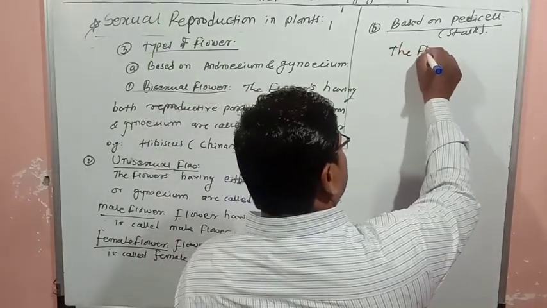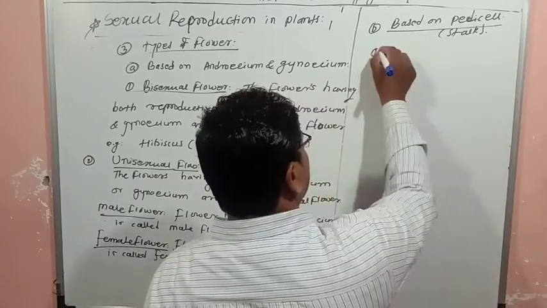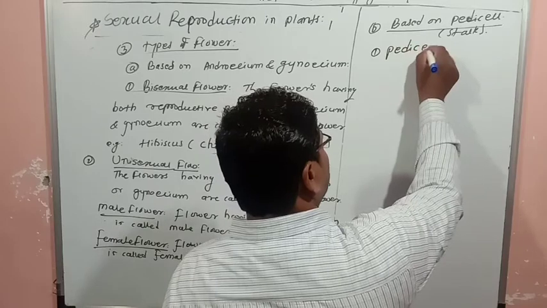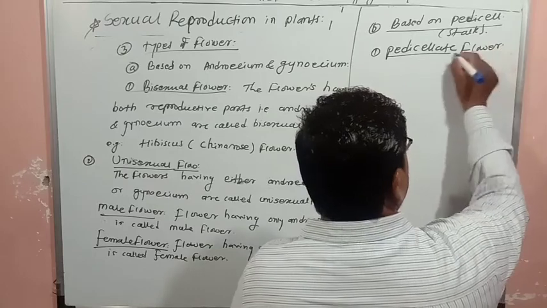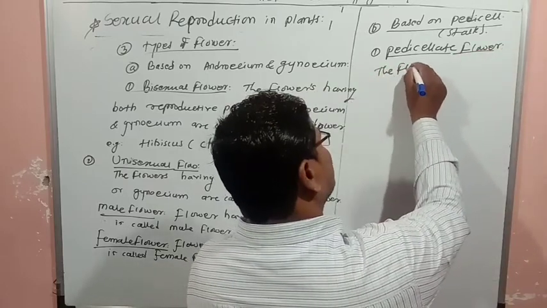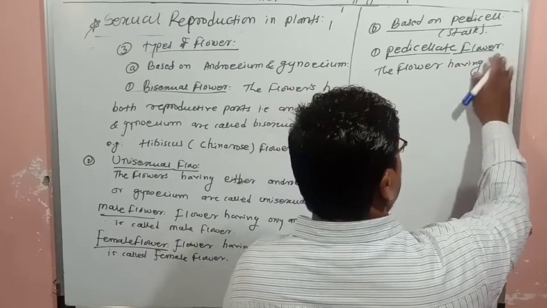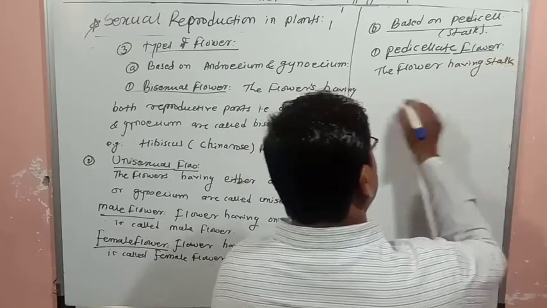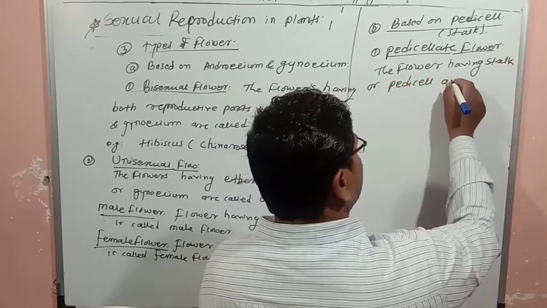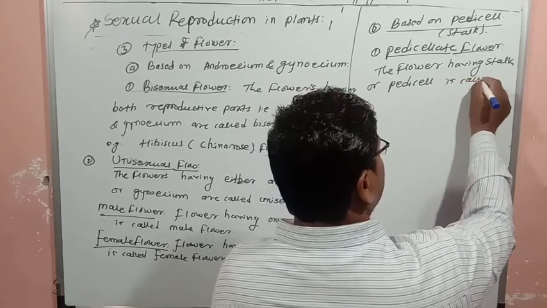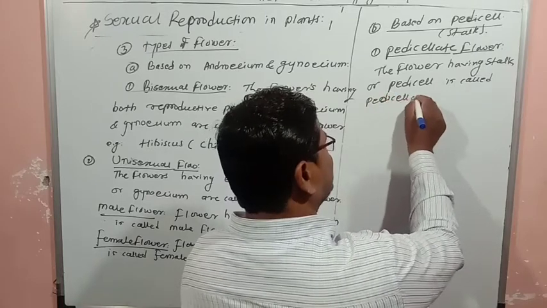The first type is the pedicellate flower: the flower having a stalk or pedicel is called a pedicellate flower.